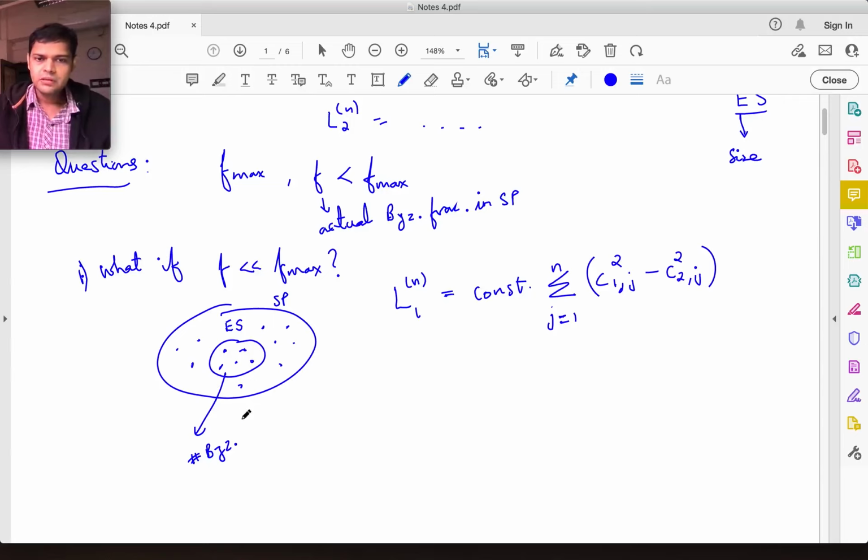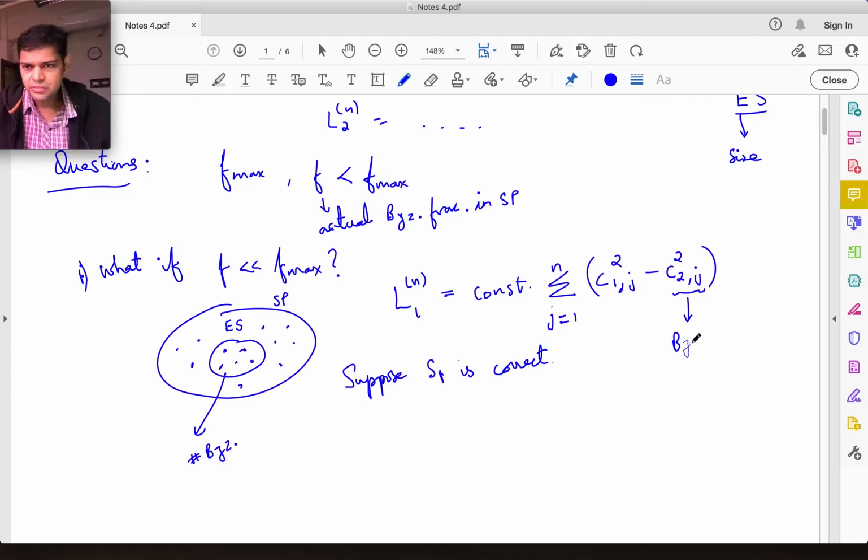Suppose S1 is the correct solution. Then these are all from the Byzantine nodes, since we are assuming that all Byzantine nodes vote for S2. Effectively we are going to check whether this is greater than the threshold or not.